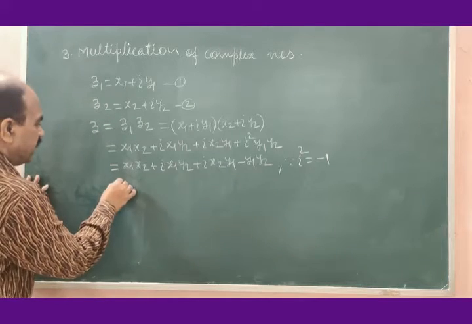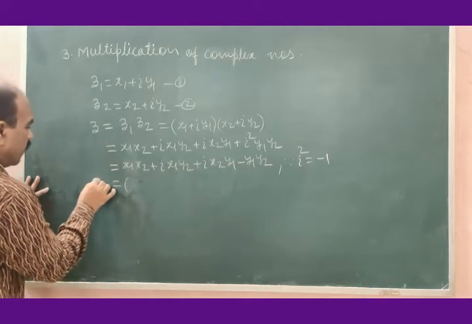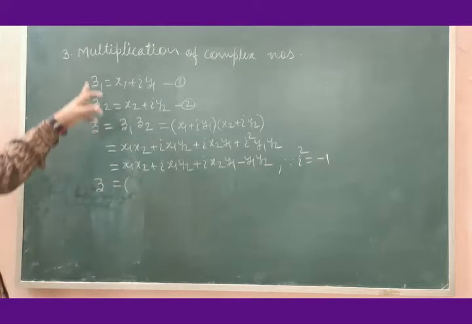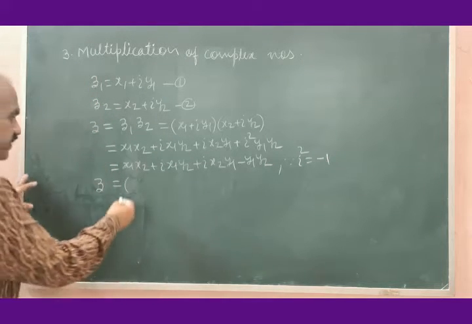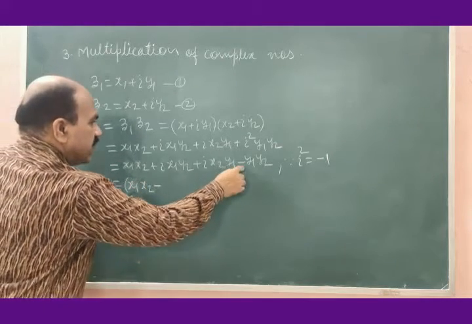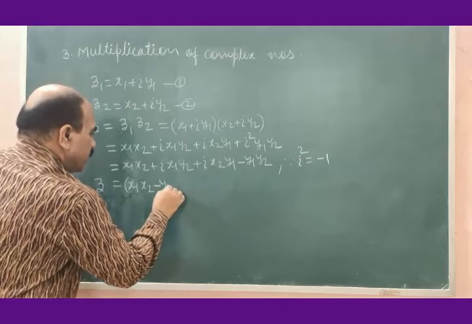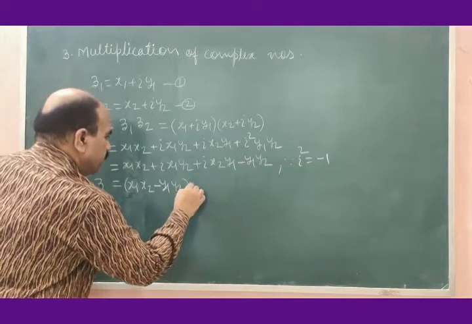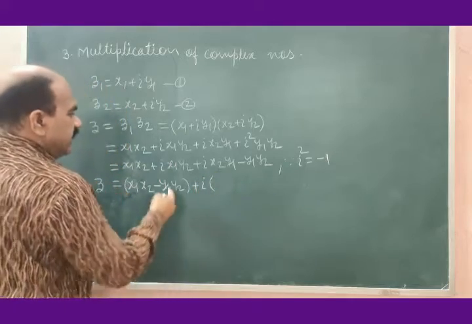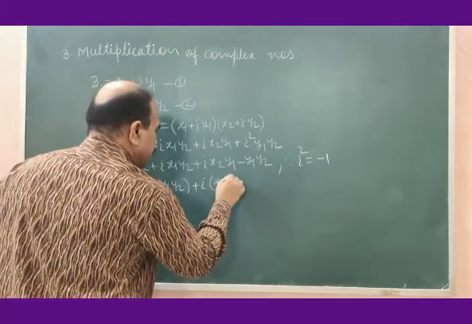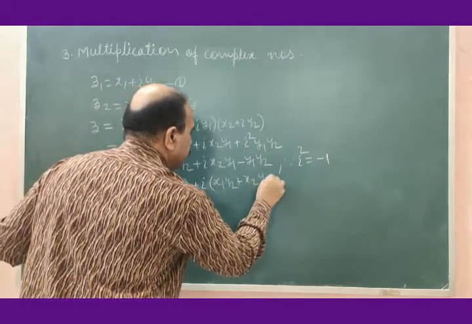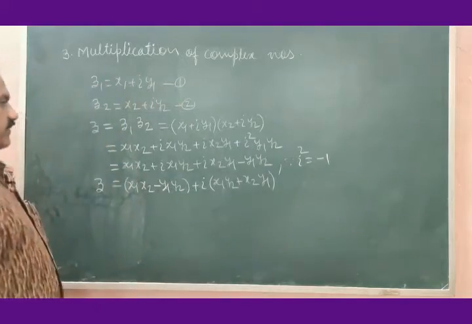Then the complex number Z, which is the product of Z1 and Z2, is x1 x2 minus y1 y2 plus I, taken common, and what is left is x1 y2 plus x2 y1.